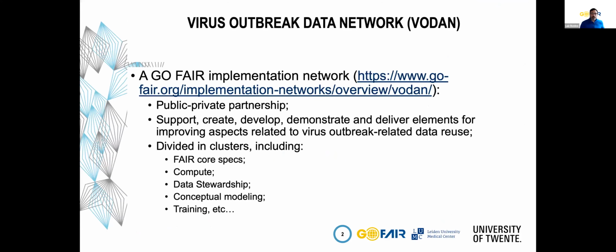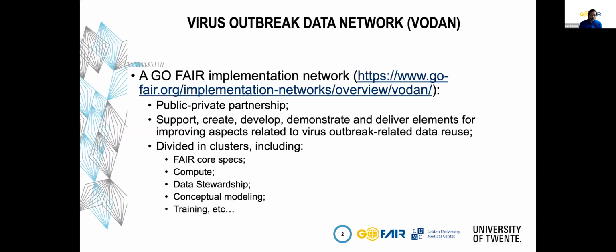One is as a GO FAIR implementation network, which is a public-private partnership, as every GO FAIR implementation network. And the goal is basically to support, create, develop, demonstrate, and deliver elements for improving aspects, being policy, being training, being technology, different aspects related to the virus outbreak.